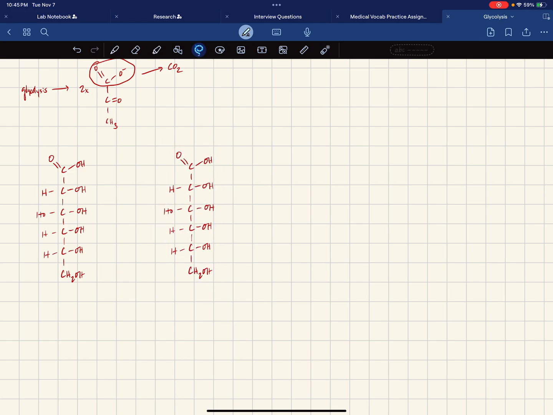Okay. So once we have our glucose, we're eventually going to have to split it down the middle. And so we split it right here. And I'm going to switch to a different color for this actually. Okay. We split it down the middle. And now we have these two 3-carbon compounds.